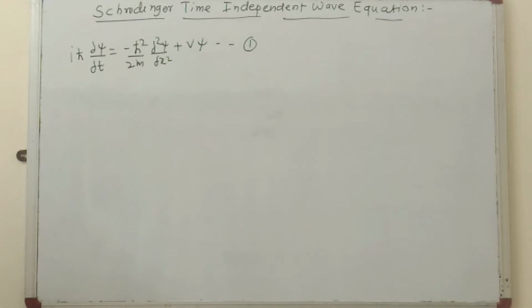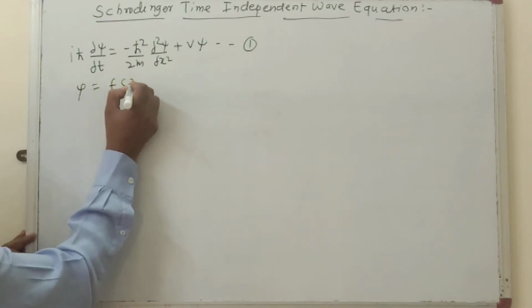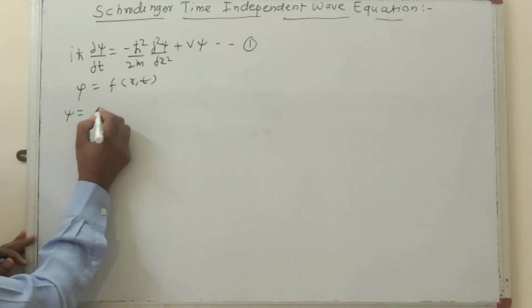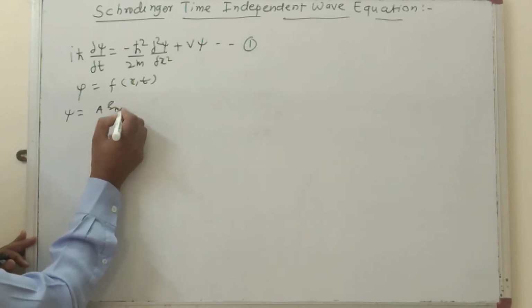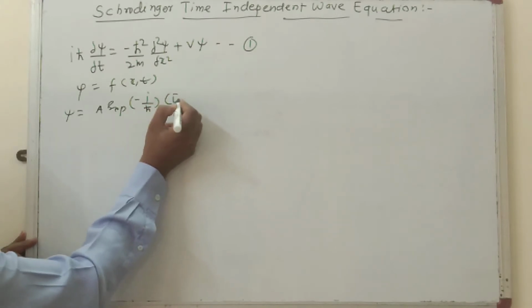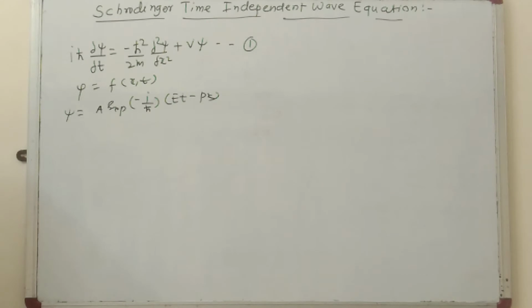In this case ψ is a function of x and t, and the value of ψ is ψ = A exp(-i/ħ (Et - px)). Here A is the amplitude, ħ is h by 2π, E is the total energy of the particle, and p is the momentum.